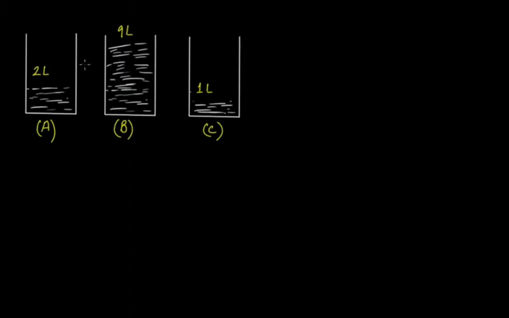Suppose we have three containers, container A, container B, and container C. Container A contains 2 liters of milk, container B contains 9 liters of milk, and container C contains 1 liter of milk.